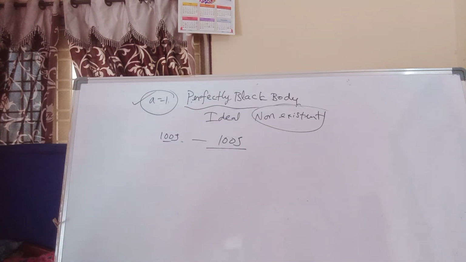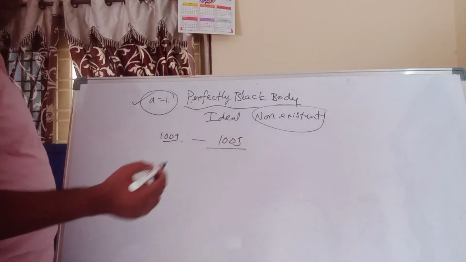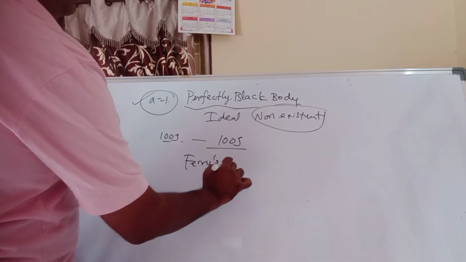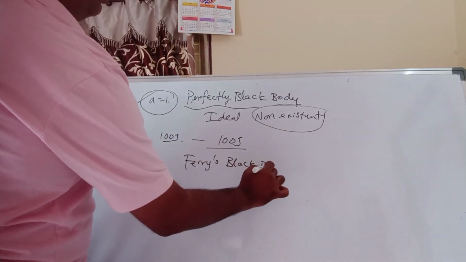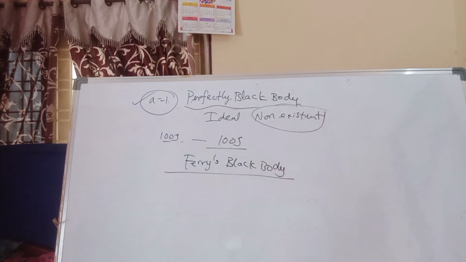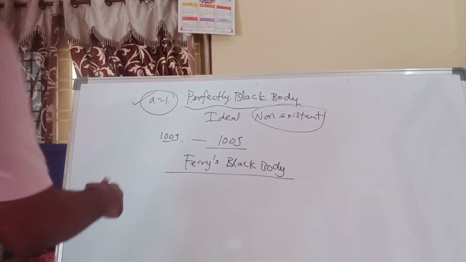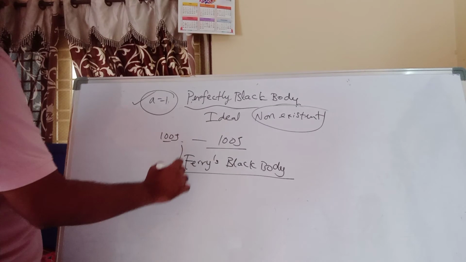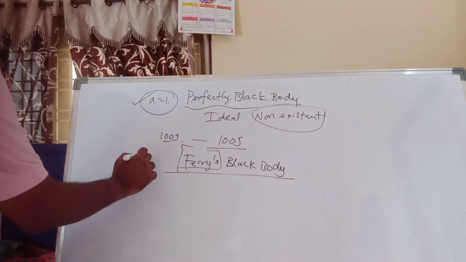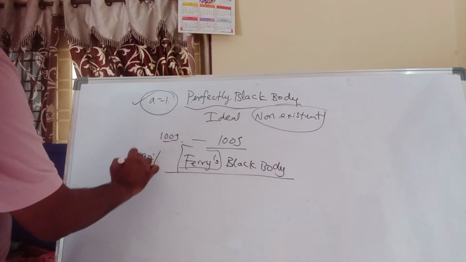In a real scenario, you get Ferry's black body. This is constructed in a laboratory by the scientist called Ferry, and here the absorption percentage is 97%.